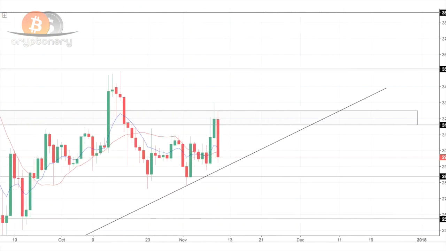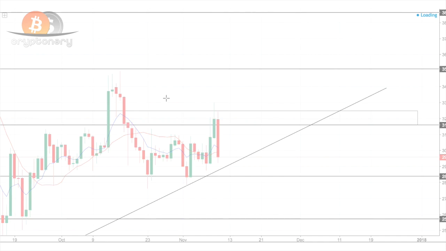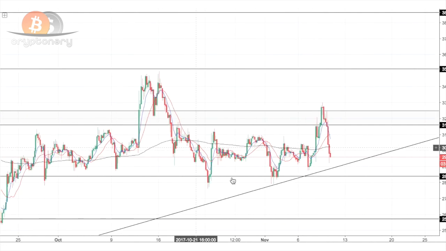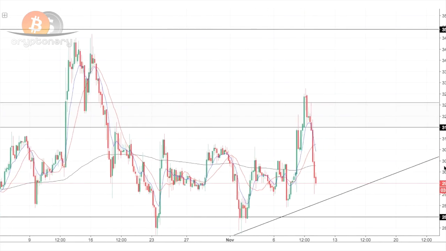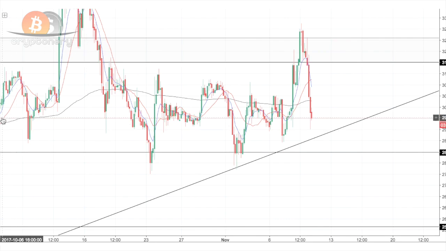Now if you like, you can go to the 4-hour chart just to get a bit of an understanding on what is going on. Now as you can see, the 200 EMA has been holding as resistance for an extended period of time. Now all this tells me is after loads of false breaks, we've finally broken above.